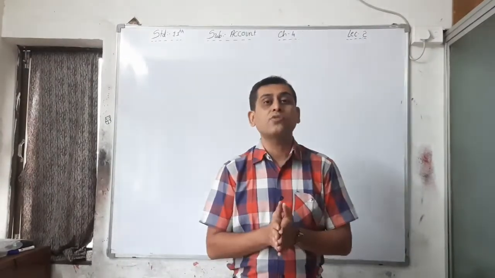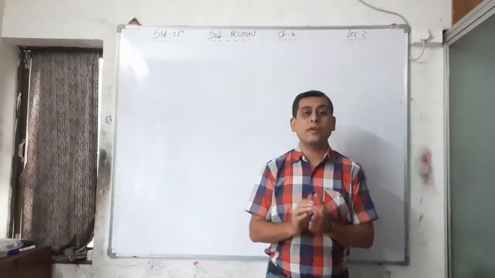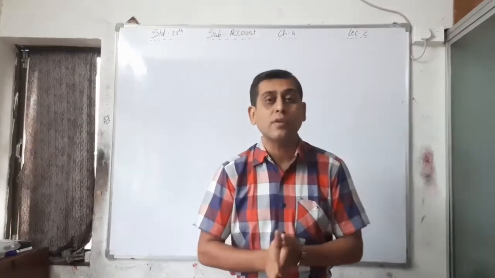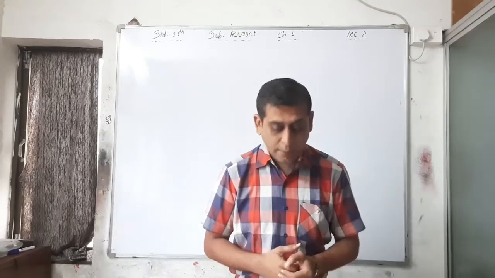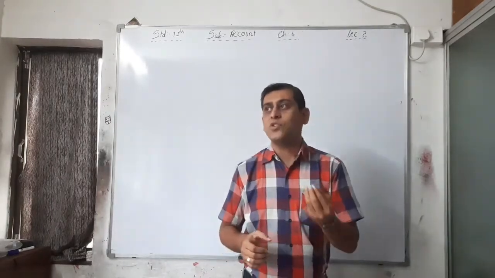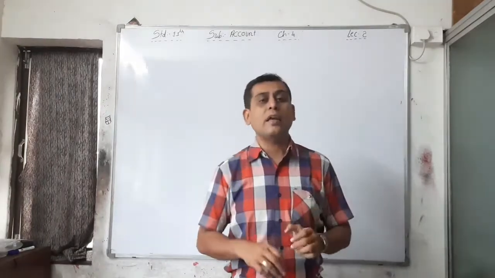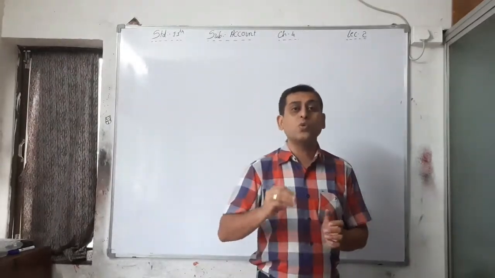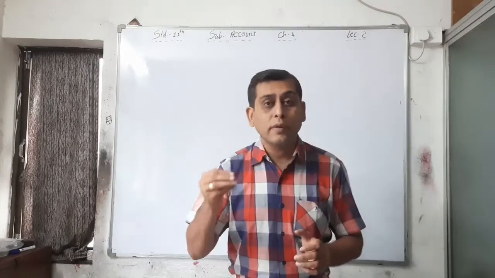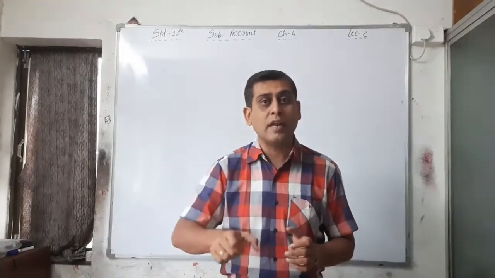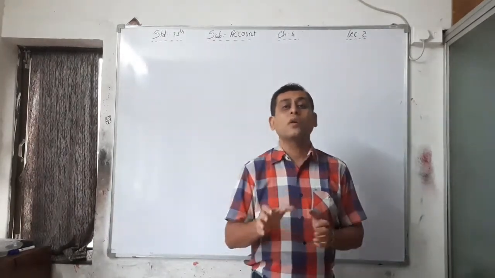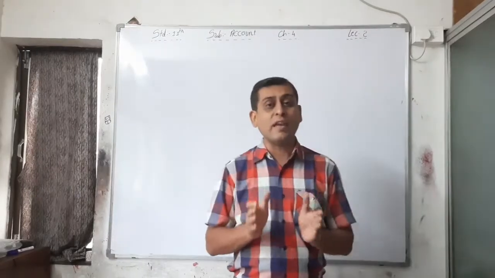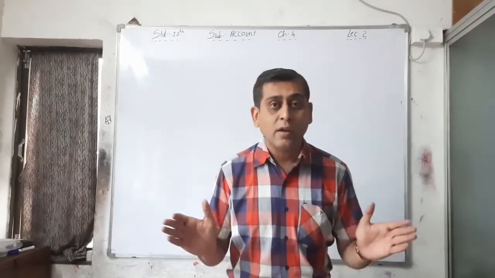The next topic is combined journal entry. What is that? Whenever, in one day, with one party or one person, you do more than one transaction, we can make that entry combined.